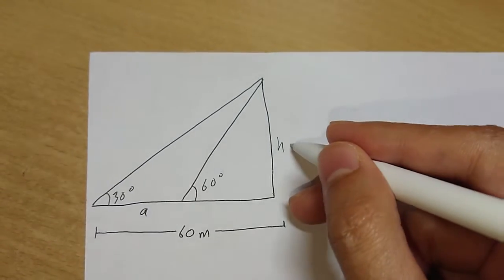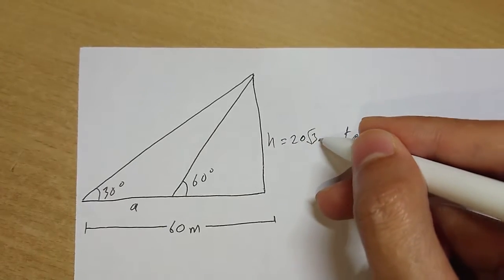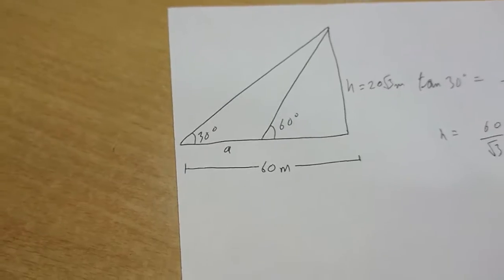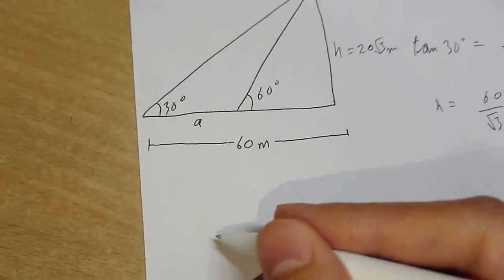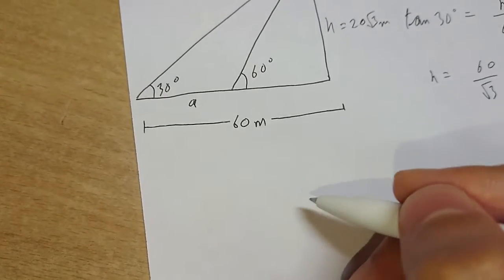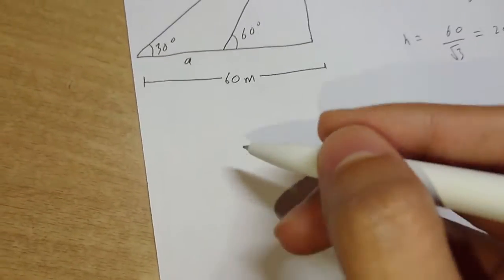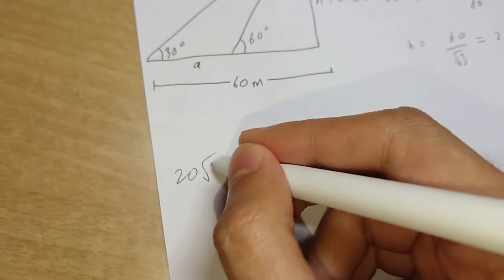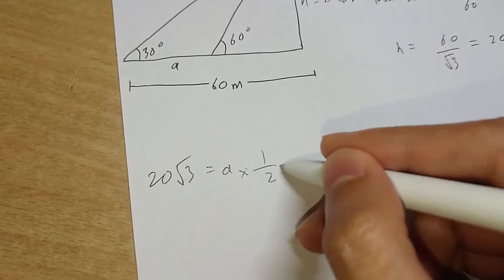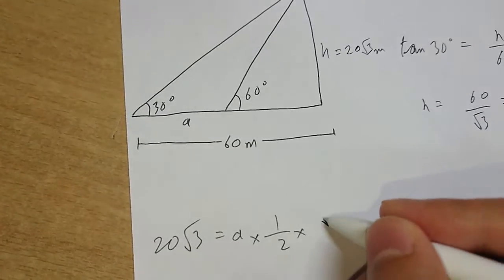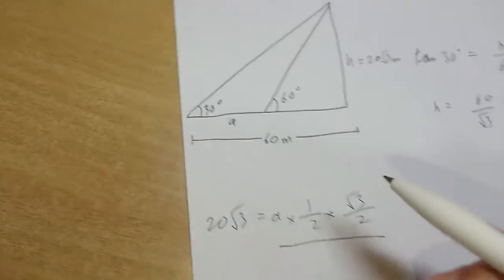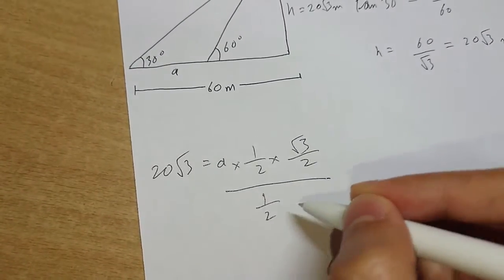Okay, if this is 20 square root 3 meters, now we can apply that formula and find the A. That formula tells us that height equals A times sine alpha times sine beta over sine of beta minus alpha. That is 20 square root 3 equals A times sine of alpha, which is 1 over 2, into sine of 60 degrees, which is square root 3 over 2, divided by sine of 60 minus 30, which is again 1 over 2.